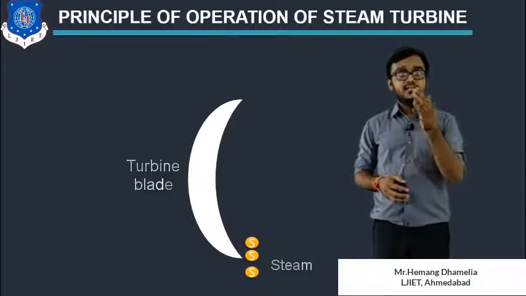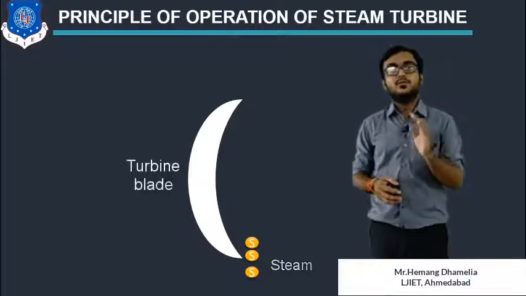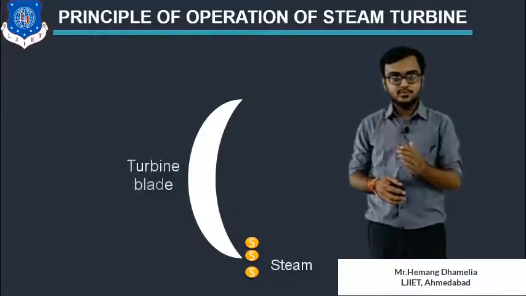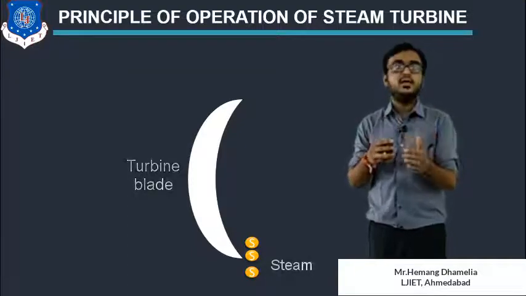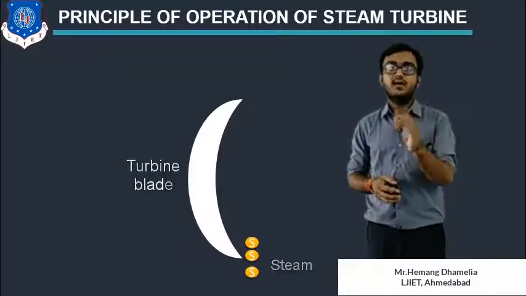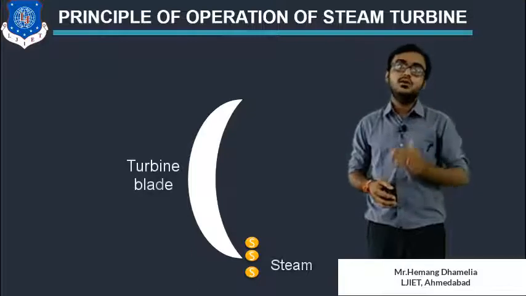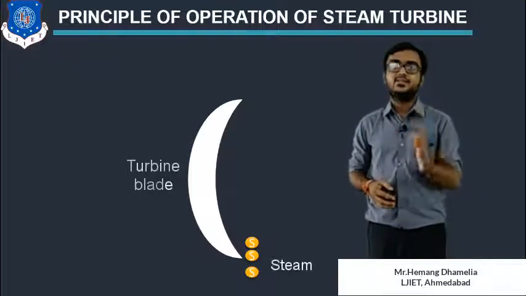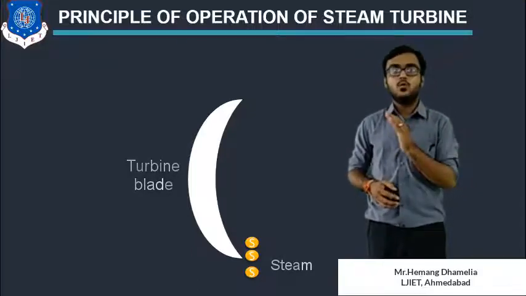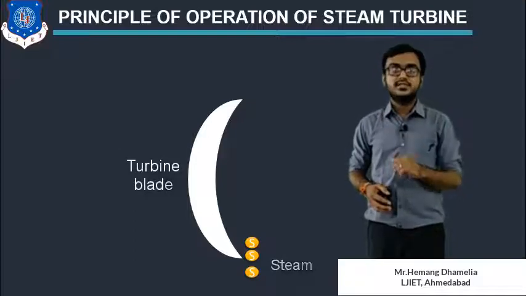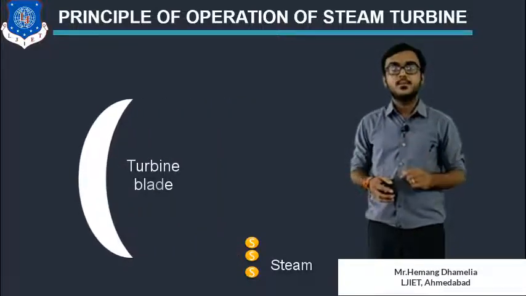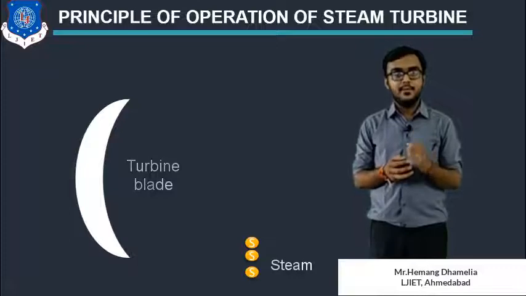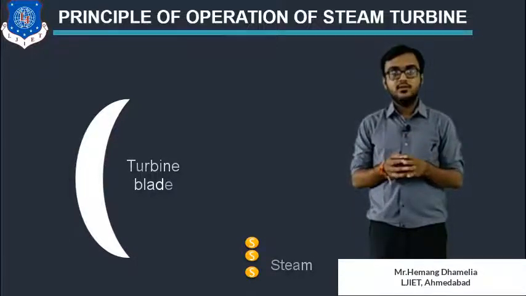According to Newton's second law, force is proportional to the rate of change of momentum. So because of the change of momentum, the steam will exert a force on the turbine blade, and hence the turbine blade will try to move in the horizontal direction like this. It is the basic fundamental principle for turbine.